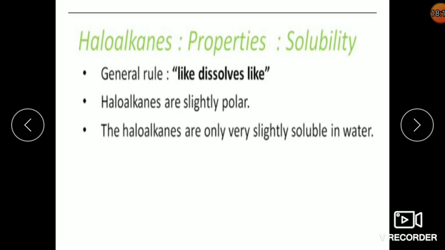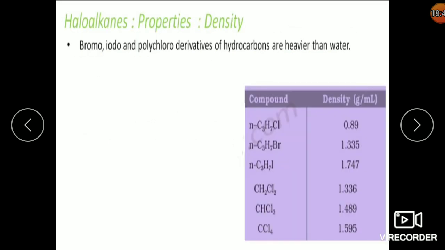Now the energy that is evolved from the formation of the new bond is not sufficient to break the previous bond present. So solubility of the haloalkane decreases in water. Moreover, they are not able to form hydrogen bonds from this R part. So solubility in water is less. With increase in molar mass, it decreases.